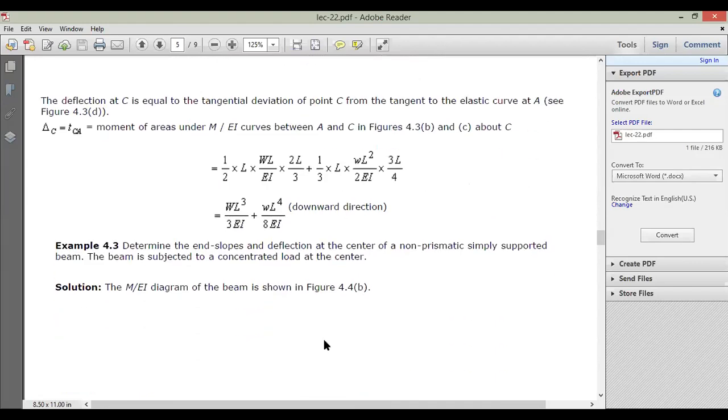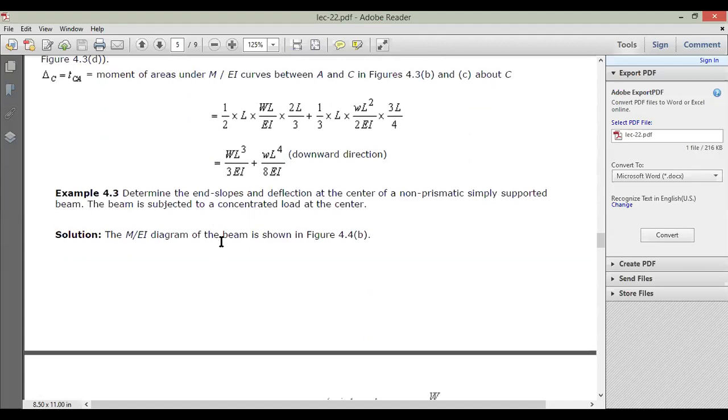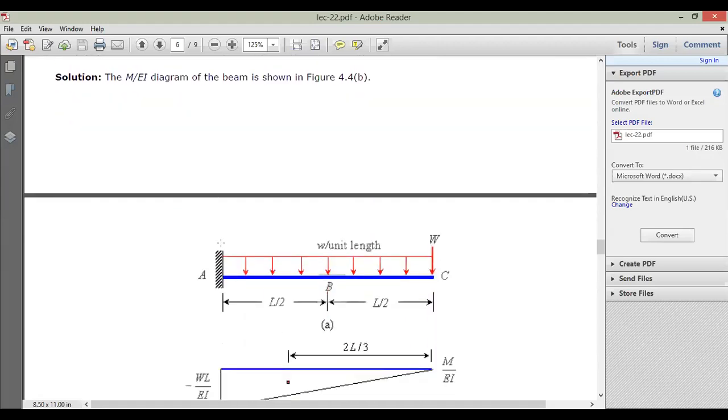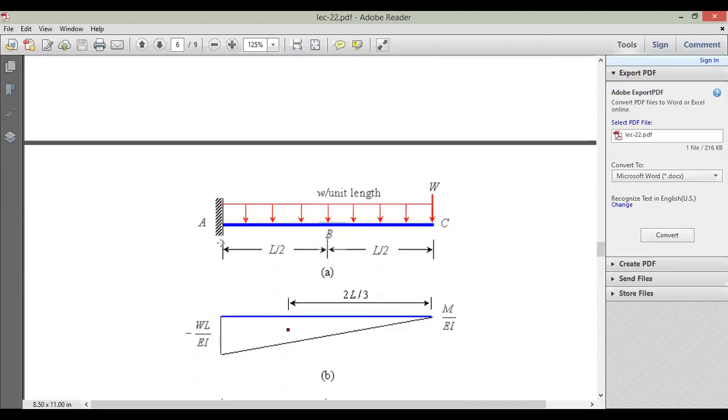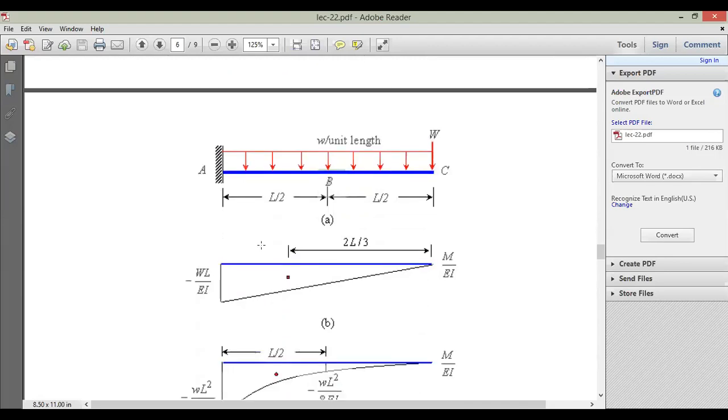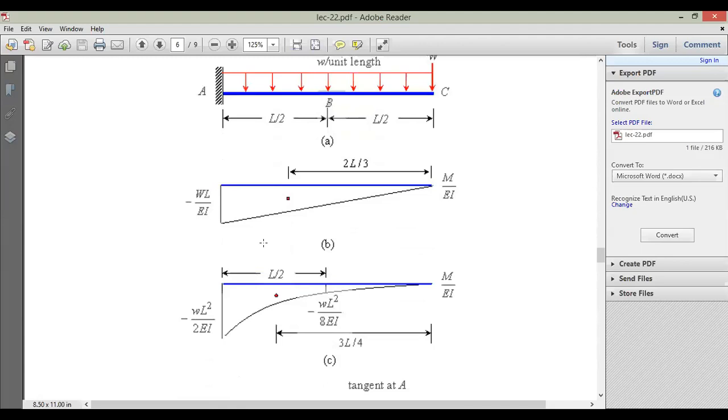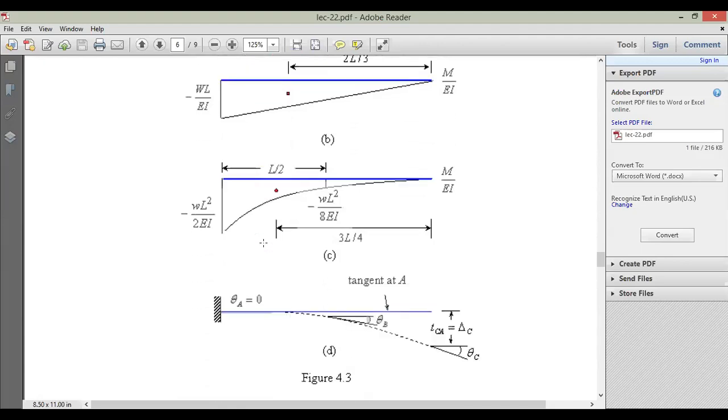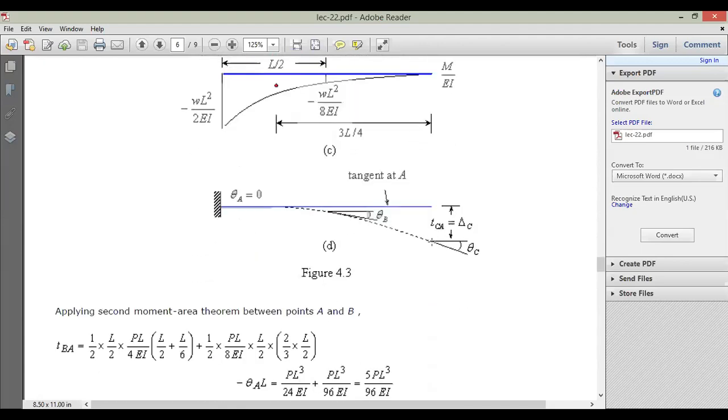So this is again we can find delta C and delta TCA. So this is the case. So we can solve easily by applying all the theory that we have earlier studied. So this will be finding deflection again.